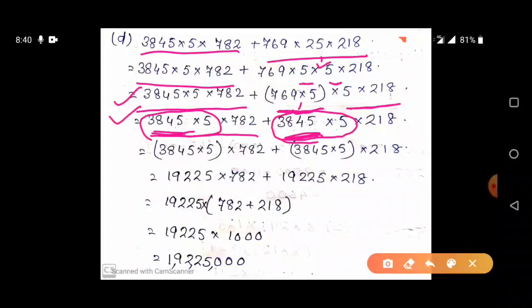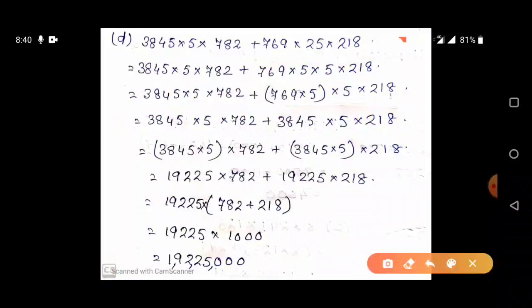So in the next step we will combine 3,845 and 5 for both of these. In the next step we will multiply these two, 3,845 and 5. So the answer will be 19,225. The other numbers will remain the same.